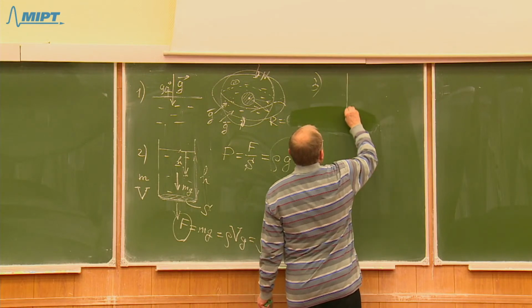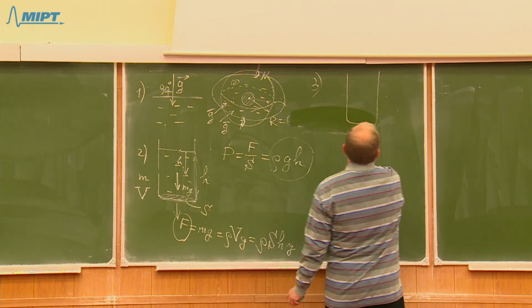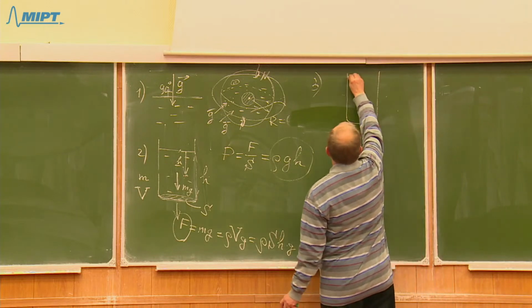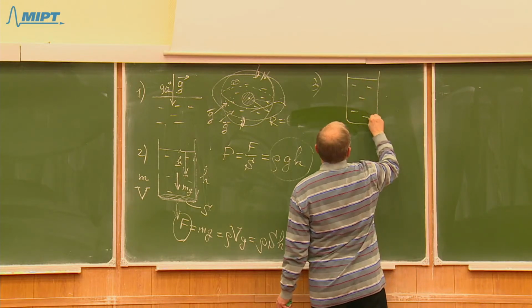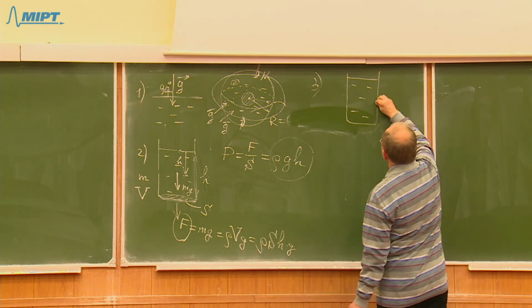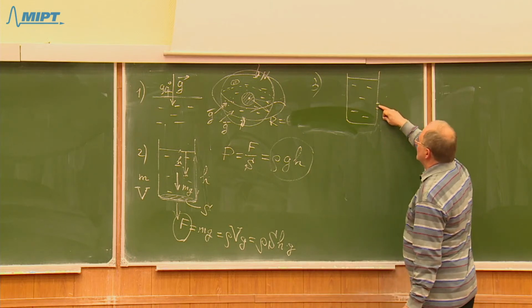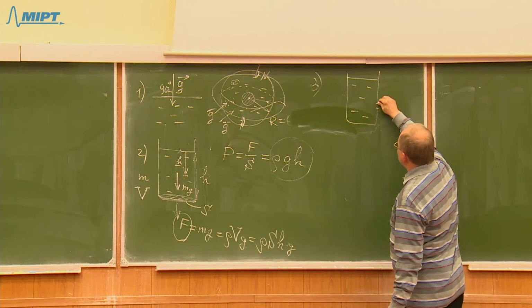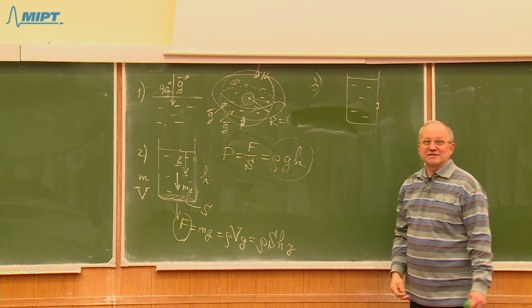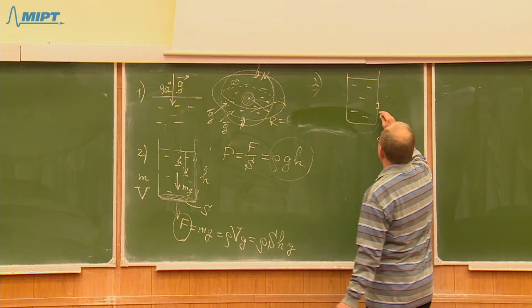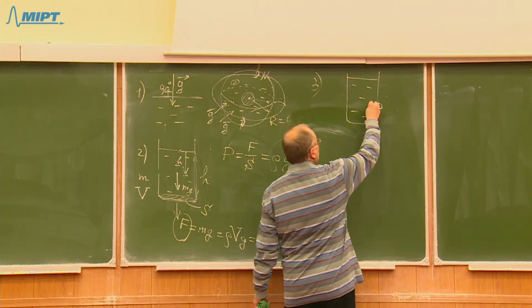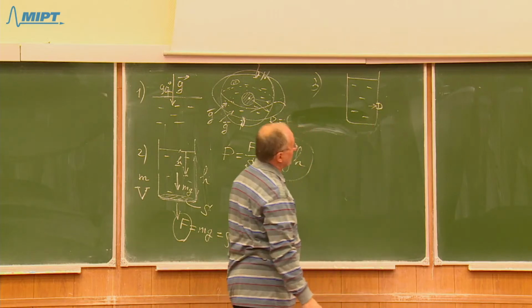Well, how can we establish this property experimentally? We can take a vessel with liquid, and we can make a small hole here, or a small window. And if we cover this window by a rubber membrane and then pour a liquid inside, then this rubber membrane will bulge out under the pressure which is inside the liquid.